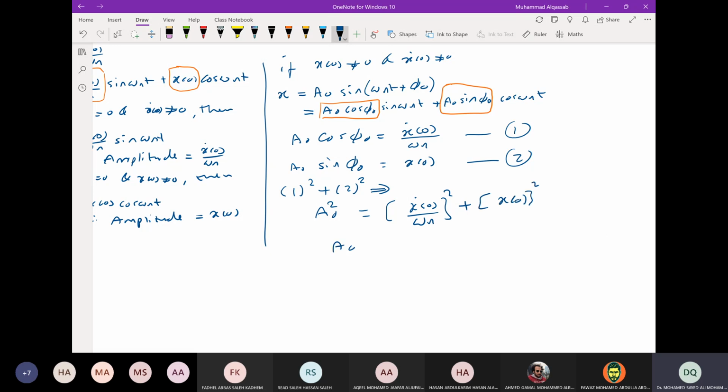So a0 is equal to the square root of x dot at 0 divided by omega n squared plus x at 0 squared. And that is the amplitude.